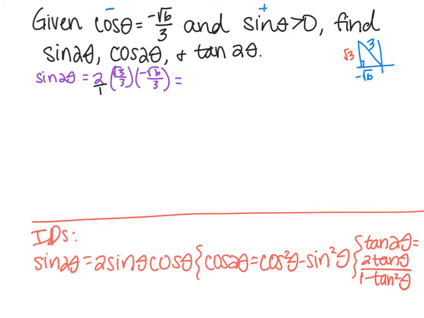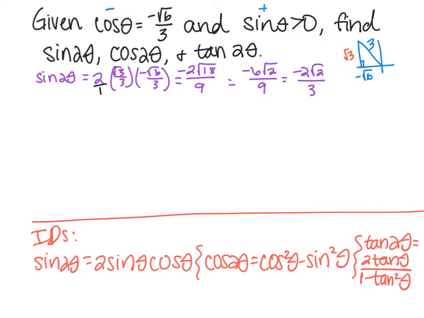And 3 times 6 is 18, so we get negative 2 root 18. 3 times 3 is 9. Always check to simplify that radical. You can pull a 3 out, so that would make this 6 root 2 all over 9, and then we can reduce that fraction. So we get negative 2 root 2 all over 3.